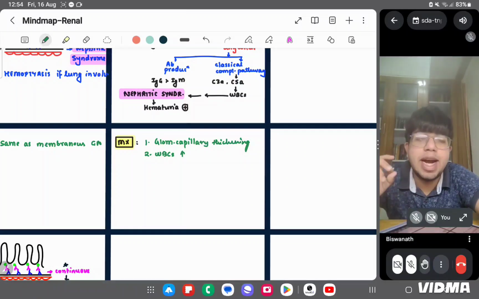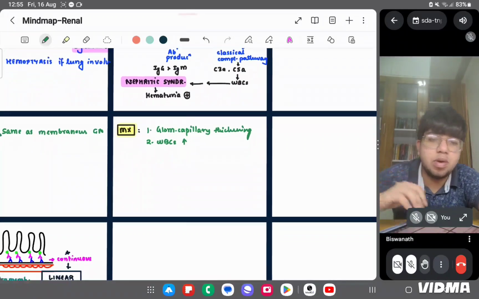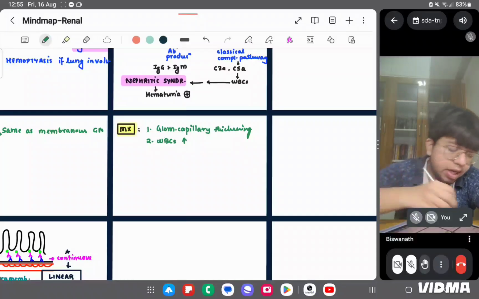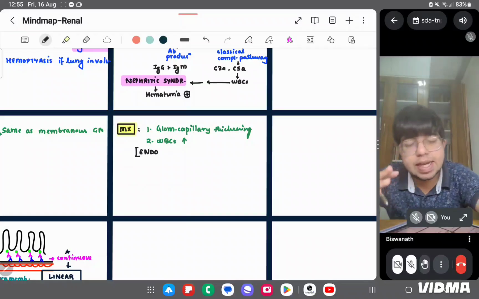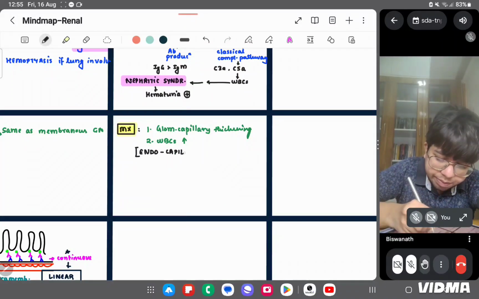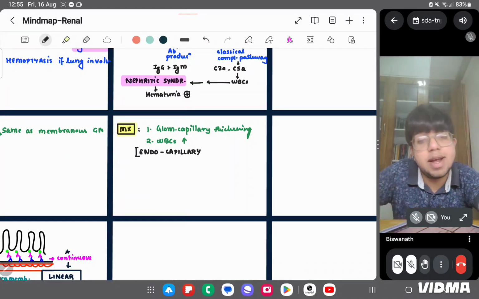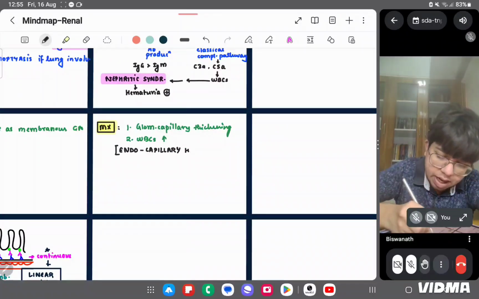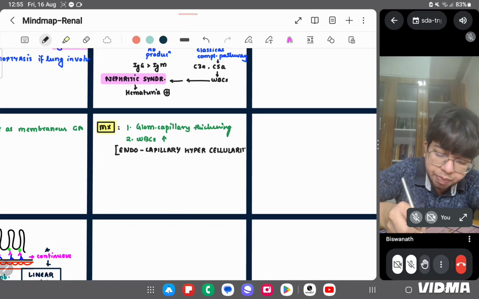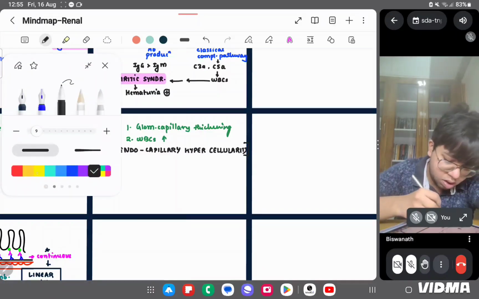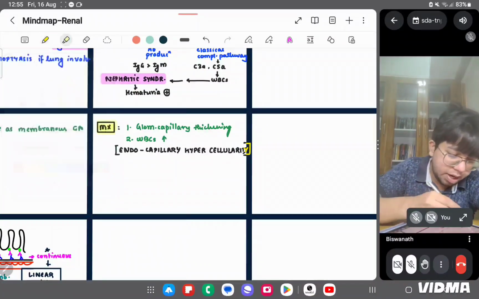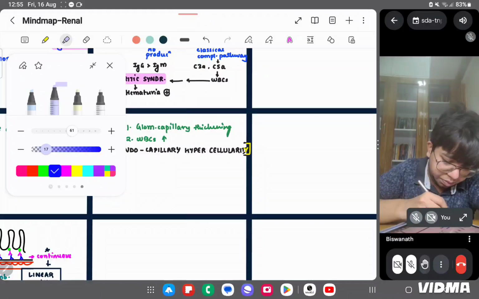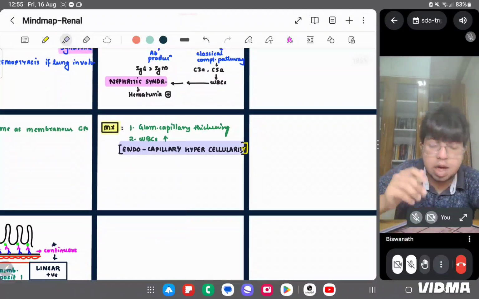So there will be endocapillary hypercellularity due to this kind of disease. Endo means inside, so endocapillary hypercellularity, because there is an increased number of WBCs. And this is a classical finding.